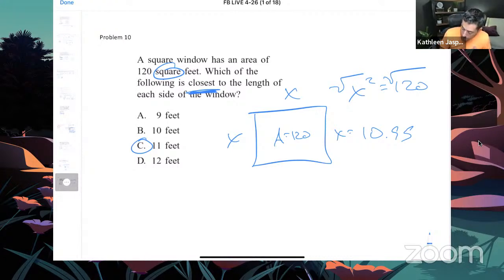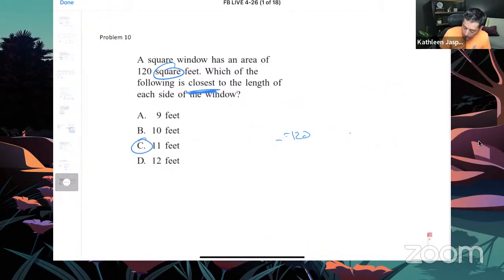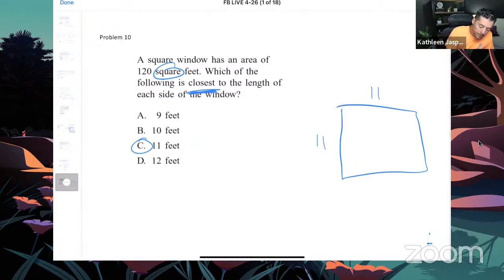So here's what I want to show you. Because we had this window here, I'm going to do two windows, and I'm going to do this one over here. If you picked 11, what is 11 times 11? 11 times 11 gives me an area of 121.